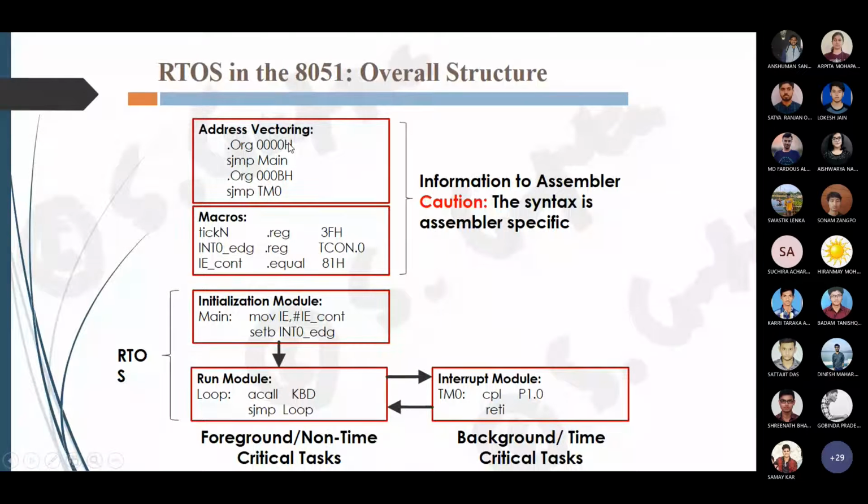So before we write that initialization module, we write this address vectoring. And this is because we have repeatedly justified that in the initial locations of the memory, we have the vector addresses of different interrupts.